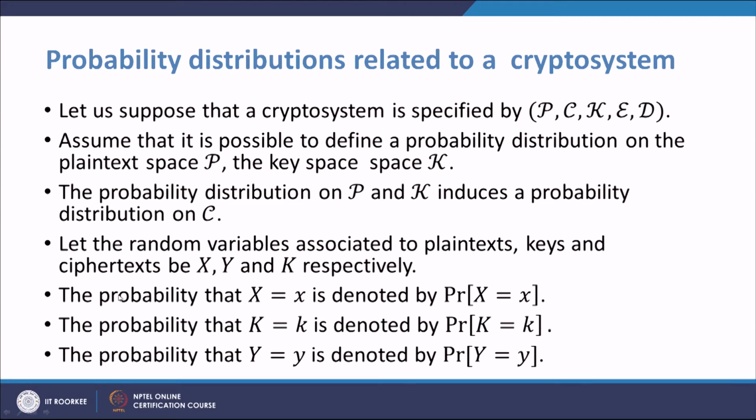The probability that capital X is equal to small x is denoted by probability X equal to x. The probability that capital K is equal to small k is denoted by probability K equal to k. The probability that capital Y, the random variable corresponding to the ciphertext, is equal to small y is denoted by probability Y equal to y.